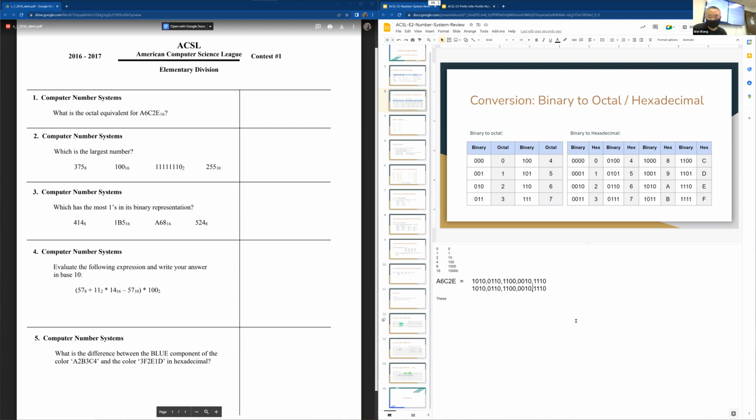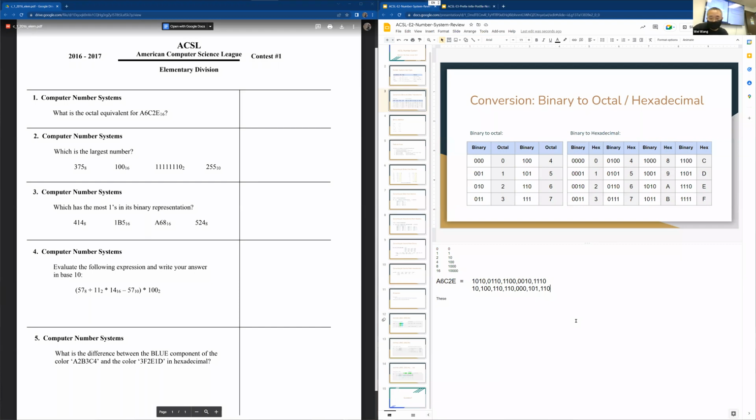And now I can just move this here and do that every 3, every 3 bits, right? Basically, we got the octal number, right?